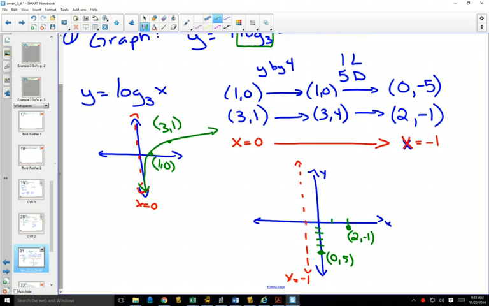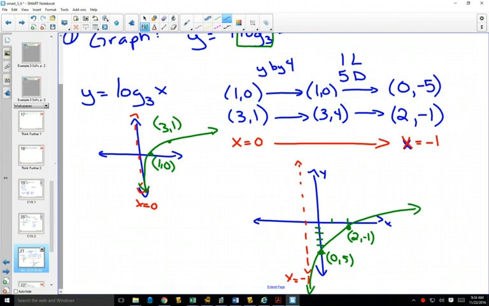And once you have those 2 points, well, it's got to go towards the asymptote, so it's got to curve down this way. And it'll have the same shape as our logarithm graph did to begin with. So this reviews our transformations unit again. We just have new parent graphs to work with.